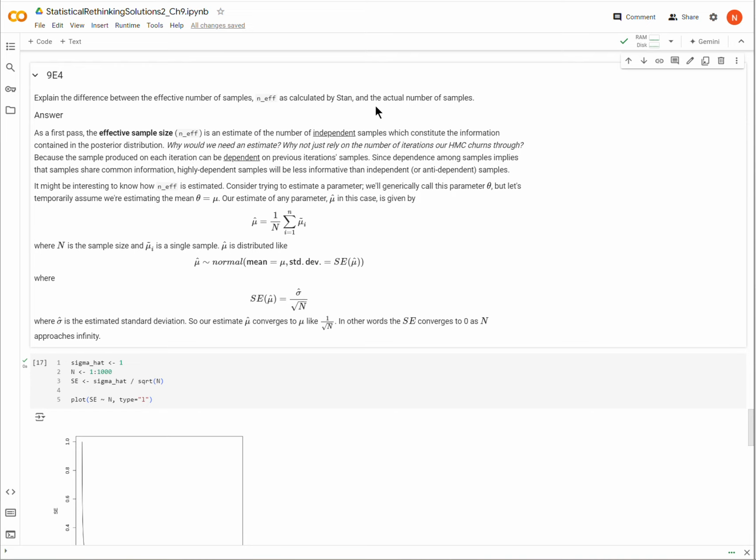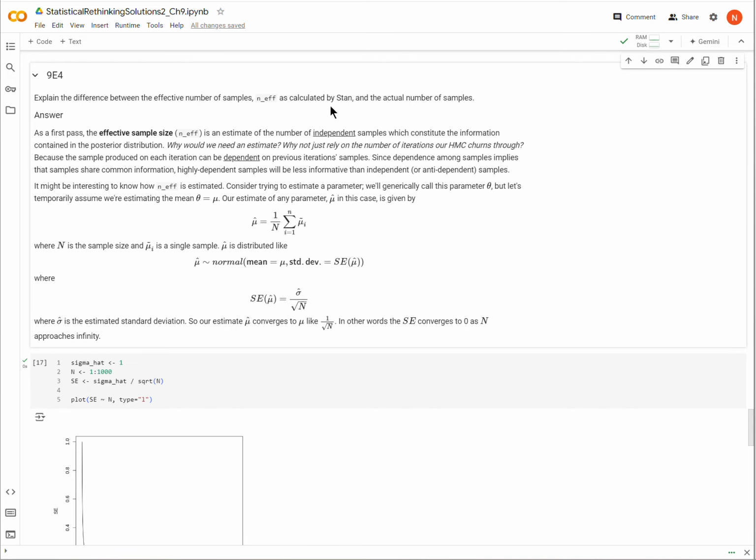As a first pass, when we run our sampling algorithm, like MCMC, we run it for some number of iterations, say 1,000 iterations or whatever. Each one of those iterations provides one sample. So I believe that the actual number of samples refers to the number of iterations.